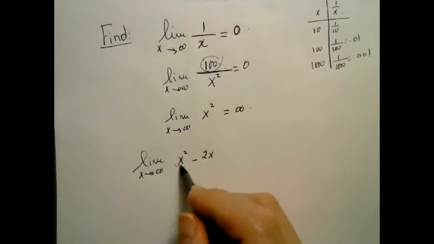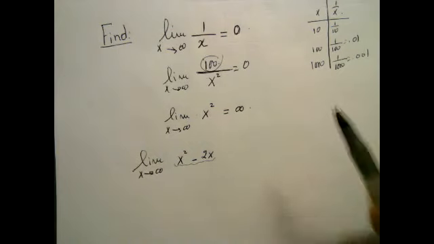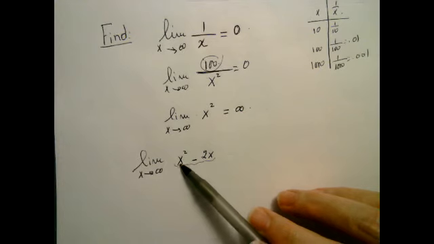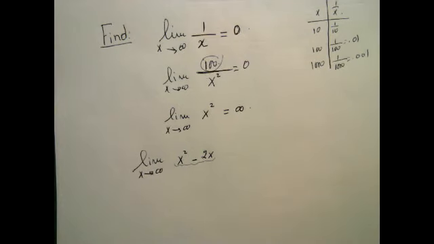So now I'm creating a polynomial in x. What happens to that when x goes to infinity? This is large minus large. What's going to happen in this scenario for the limit? Infinity, I'm getting infinity. Do we agree?